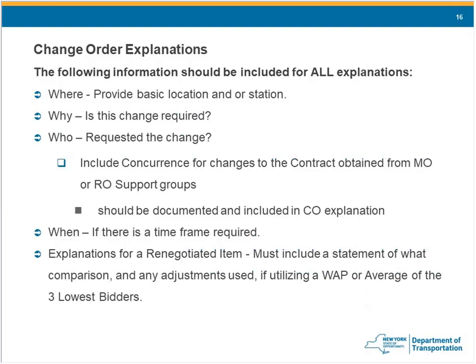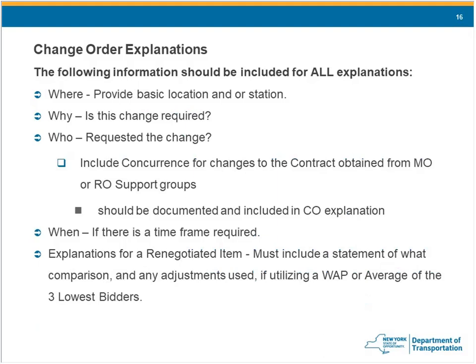So if you're using an FCP change order, those are supposed to be $0 change orders. I said earlier that OSC doesn't like $0 change orders that come all the way up to them.